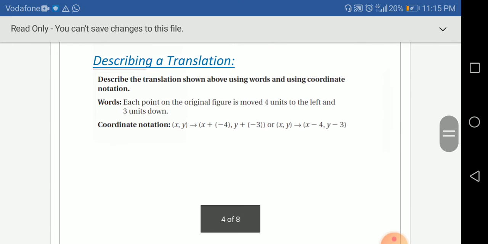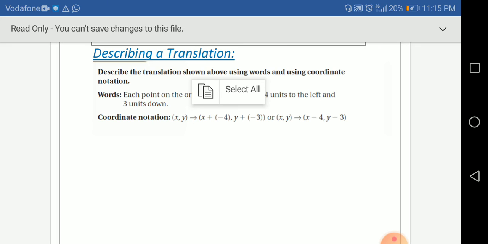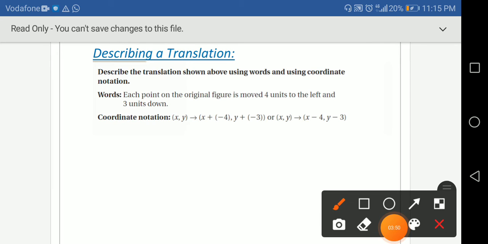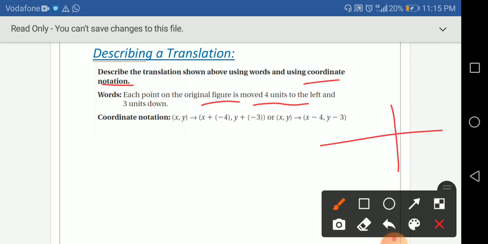So let's have an example to make sure we understand this. Describe the translation shown above using words and using coordinate notation. Each point of the original figure moved 4 units to the left. Here is my coordinate plane, with left and right, up and down.